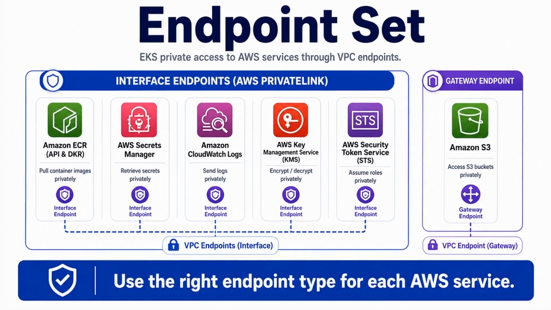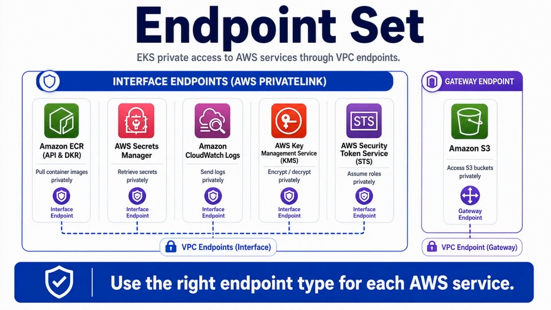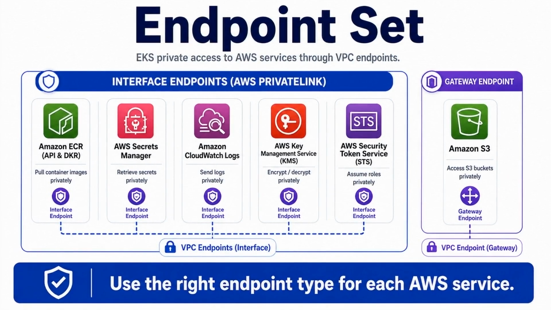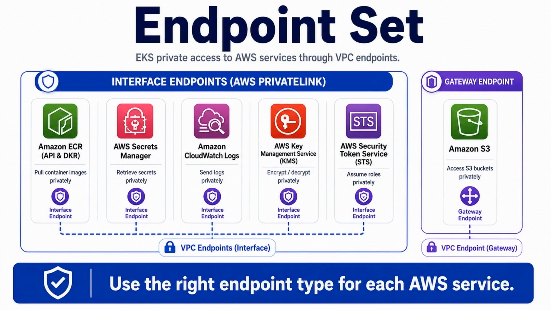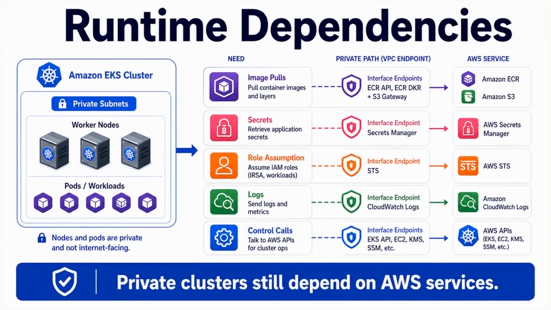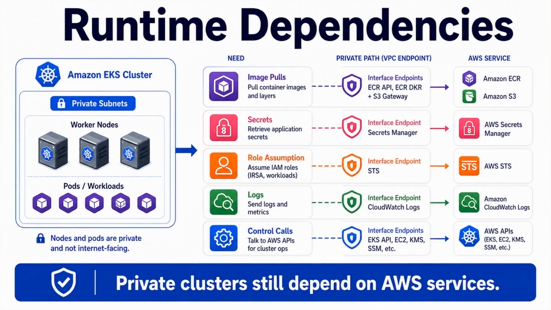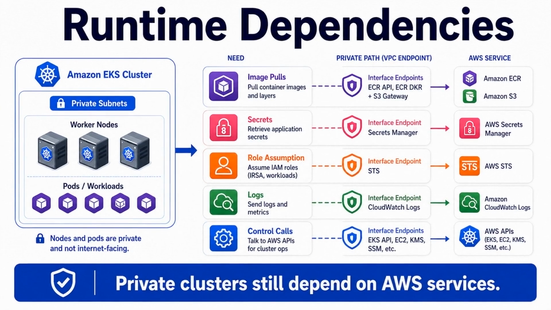Secrets Manager, CloudWatch Logs, KMS, and often STS should also use interface VPC endpoints when you want private AWS service access without sending those calls through NAT. This is why private EKS architectures often have more endpoints than teams expect. Private nodes still need to pull images, fetch secrets, assume roles, emit logs, and talk to control services even when they never browse the public internet.